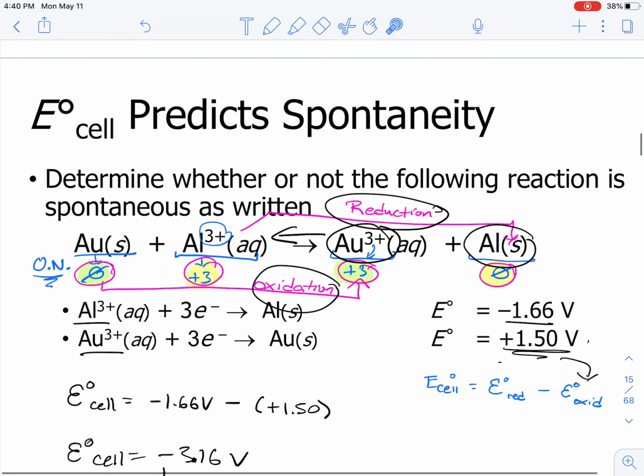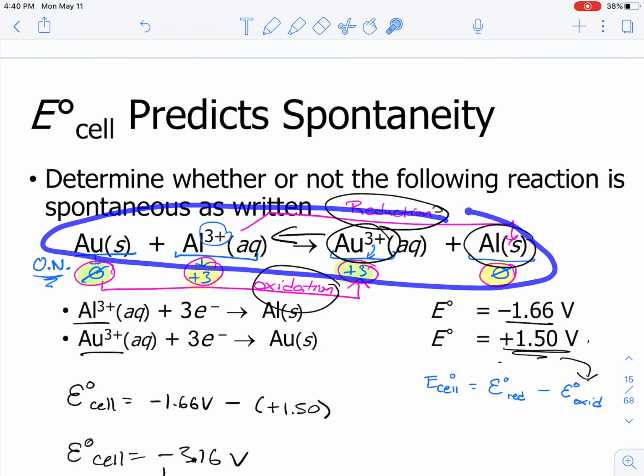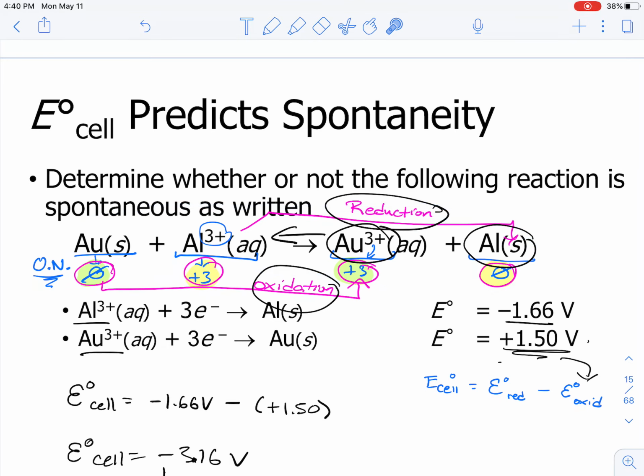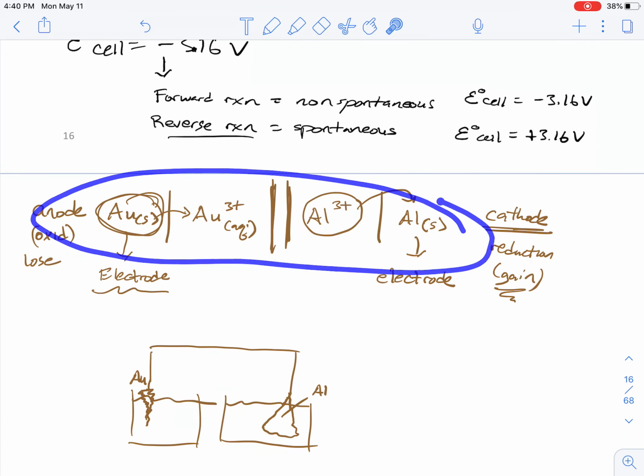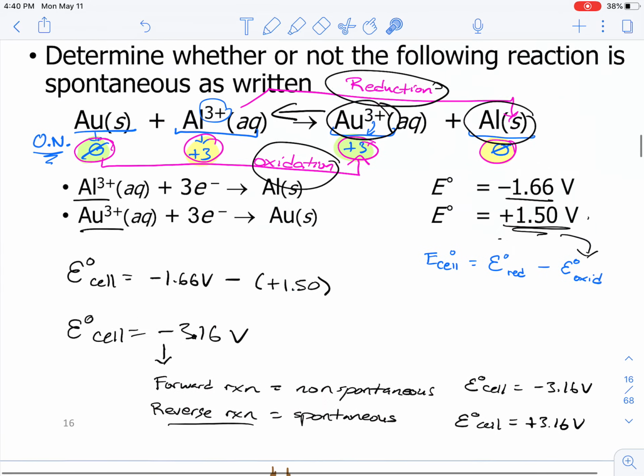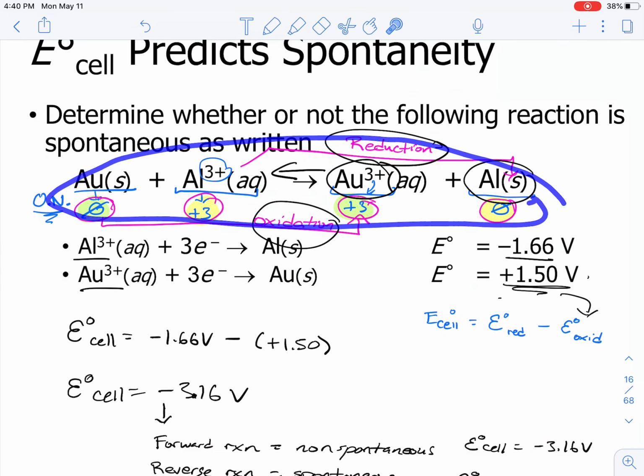However, for these very simple chemical reactions, you should be able to write its cell notation or go from the cell notation and write the chemical reaction. So you should be able to go from this cell notation and write the chemical reaction.